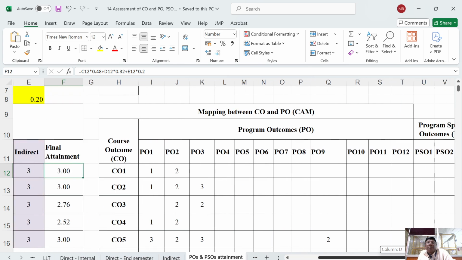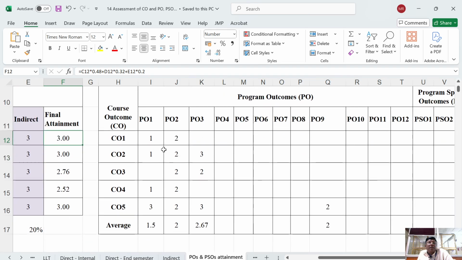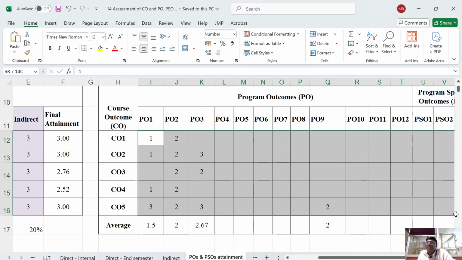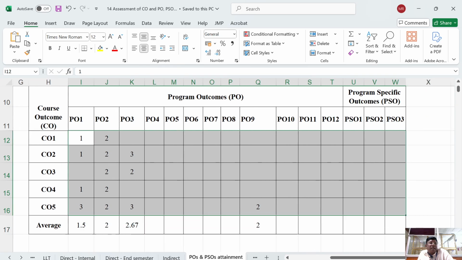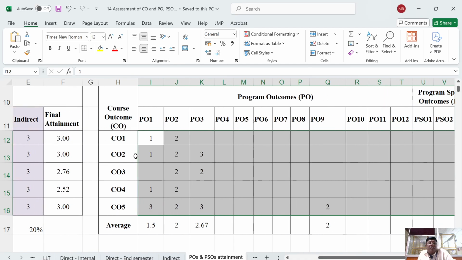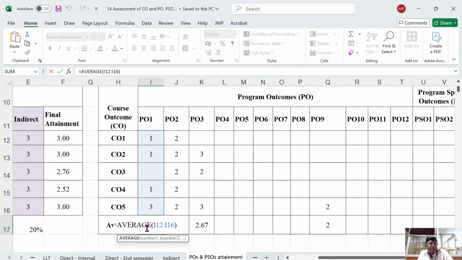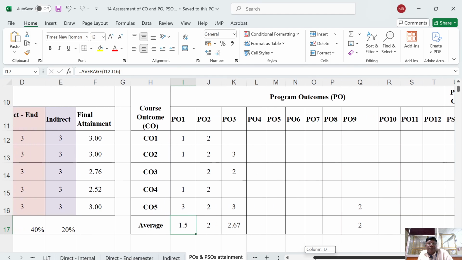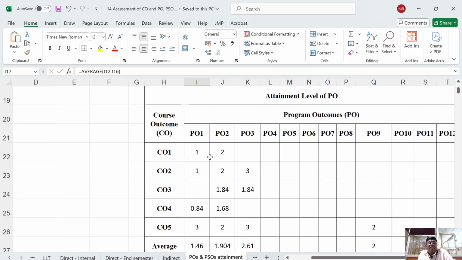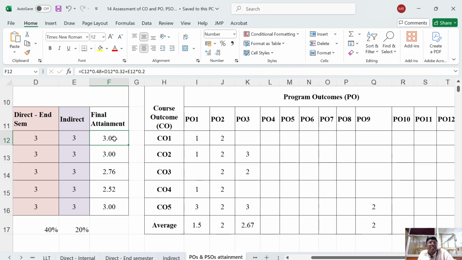Then this PAM matrix, program articulation matrix, which is given in the syllabus, whatever way it is given, has to be filled in here, and the average of this column is given here. Okay. And now to get the attainment level for a PO, we have to multiply this final attainment by this value, divided by the average.